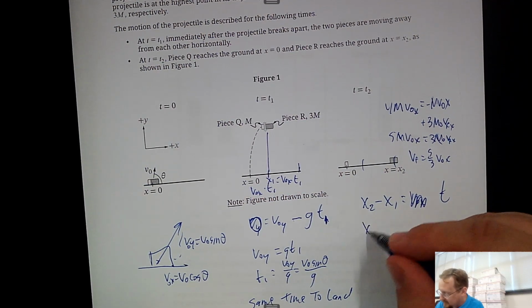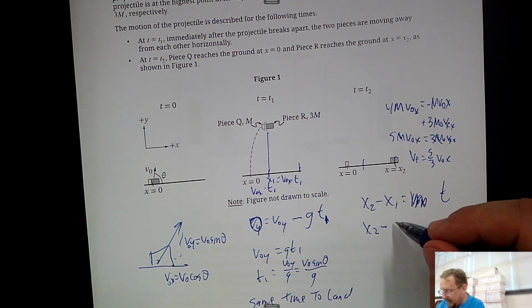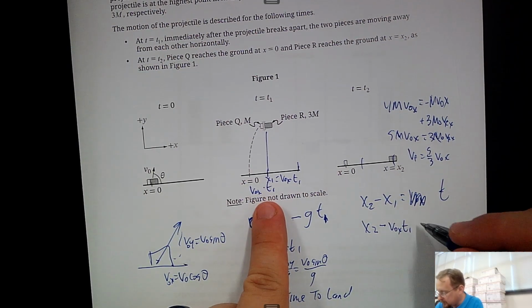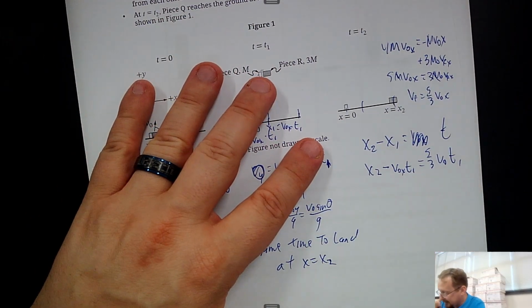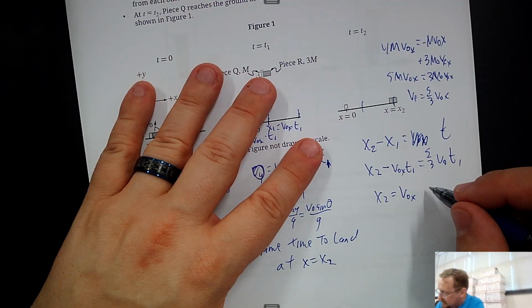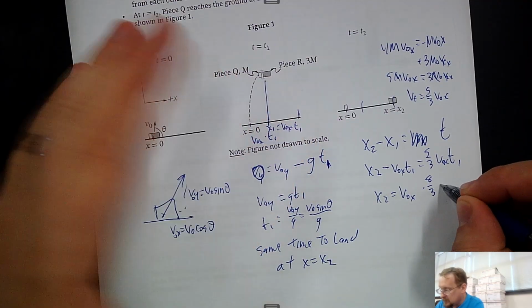So I'm going to say x2 minus x1. What was x1? V0 x times t1. So x2 minus x1 is equal to 5/3 V0 x times t1. So then I'm going to add over, what, 8/3? So x2 is V0 x times 8/3.